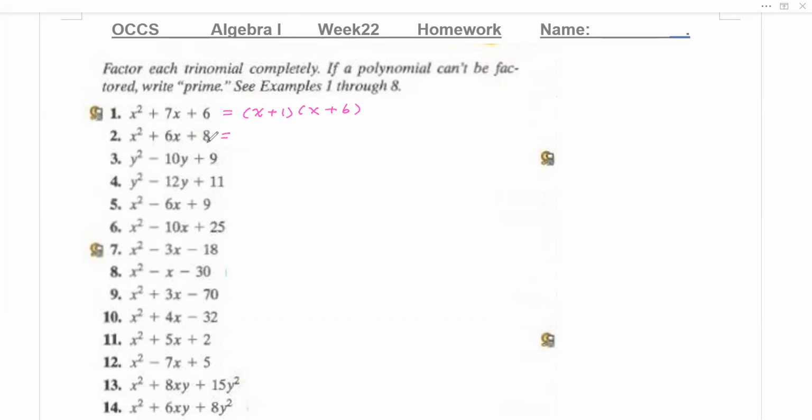So here is 8, you need to factor into 2 and 4, right? 2 and 4. All right, what about this one? Everyone, can you answer quickly when I go through the numbers? See this one, number 3. So what can it be factored into?